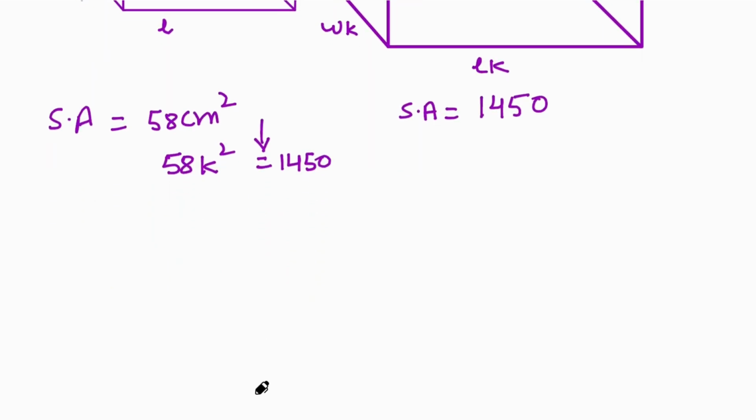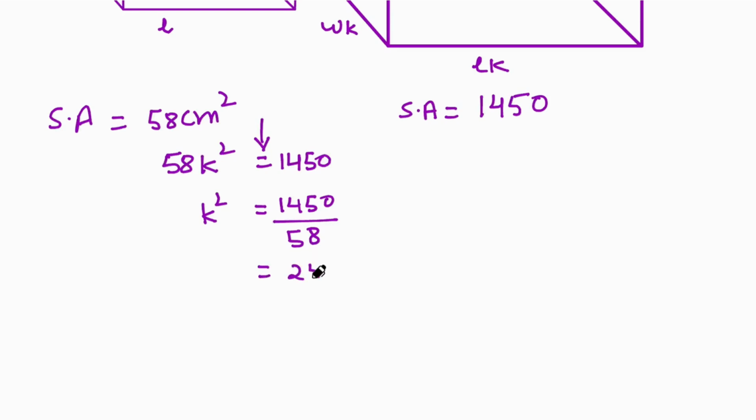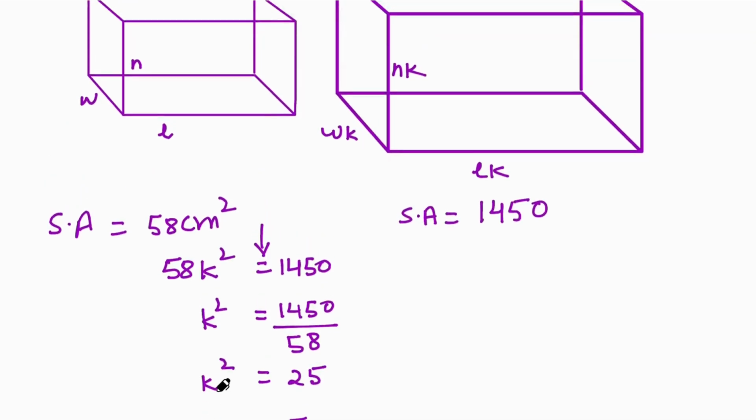So 58 K squared is equal to 1450, and K squared is equal to, dividing by 58 on both sides, 25. K squared is equal to 25, and because K is positive, we will consider only plus 5, not negative 5. Perfect. So this information is taken.